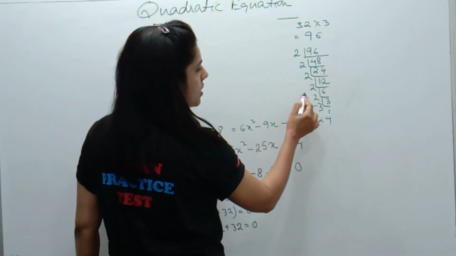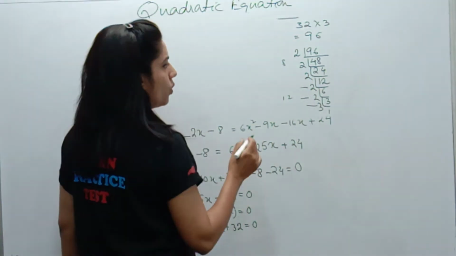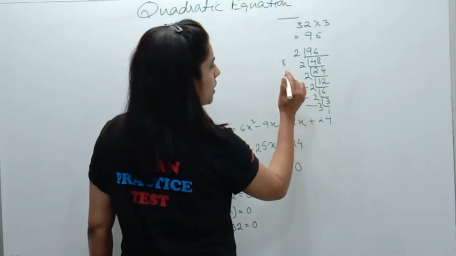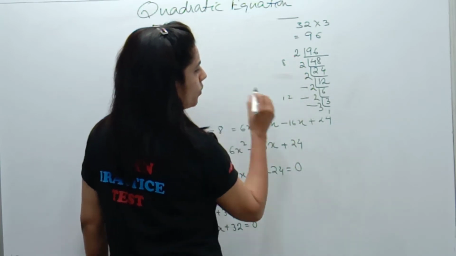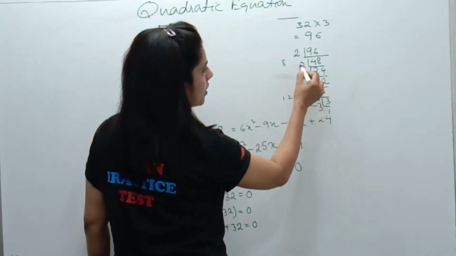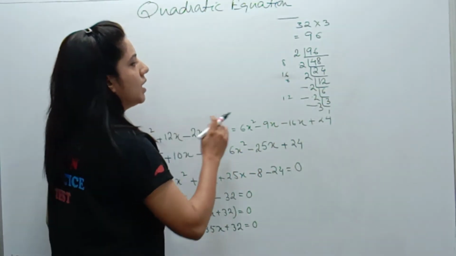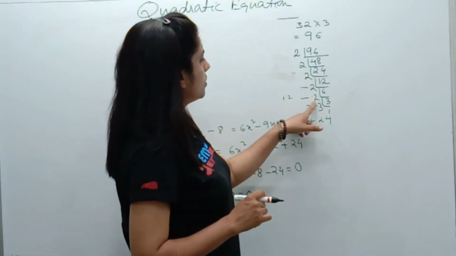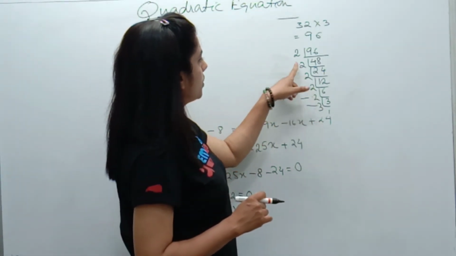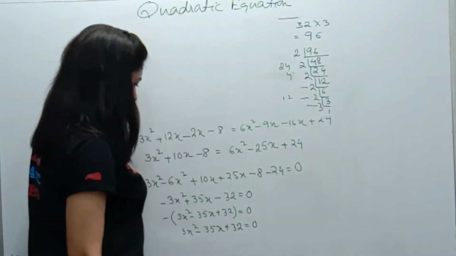Okay, 3 2s are 6, 2s are 12. If I take 12 as one factor, 2 2s are 8. 12 and 8, no. 3 2s are 6, 2s are 12, 2s are 24 and 4, no. 48 and 2, no. 3 2s are 6, 16 and 6, no. It is also not giving. Even not, this is not giving.